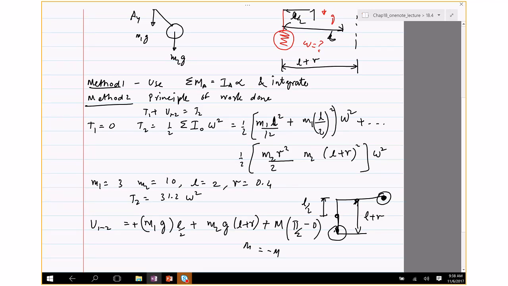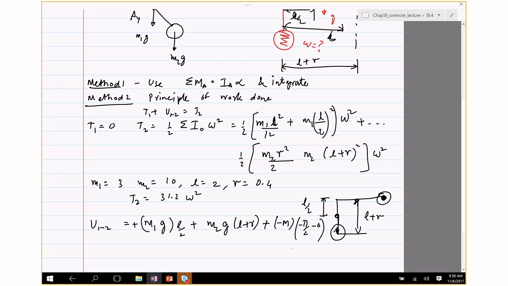So 0 positive is this, and then that's going to be pi by 2 positive. So effectively it's going from 0 to minus pi by 2. So the signs actually take care of that. If you wanted to put it with a negative sign, it's minus M times (minus pi by 2 minus 0). That's positive.